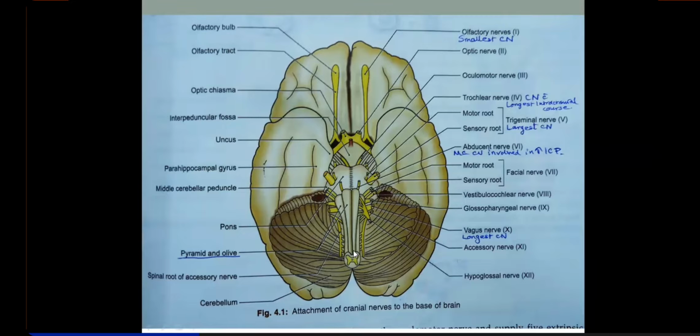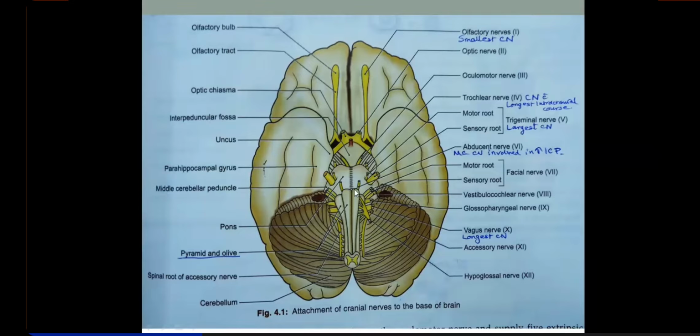Then the rest of the nerves remaining will be 9th, 10th, 11th, 12th. Out of these, you look at the exterior of the medulla oblongata. In the median, you have a median longitudinal fissure, which will continue down as the median longitudinal fissure of the spinal cord.